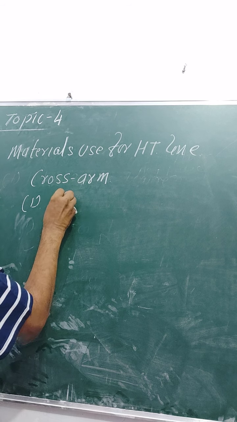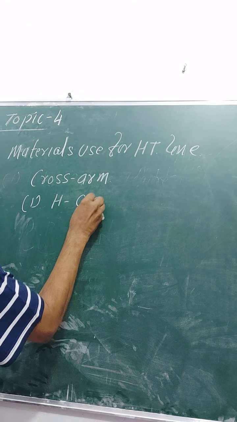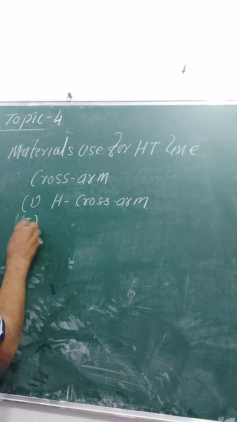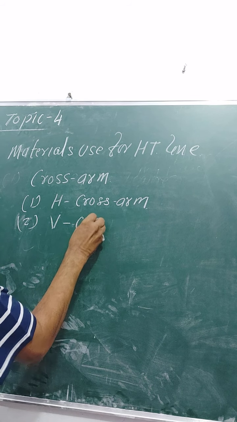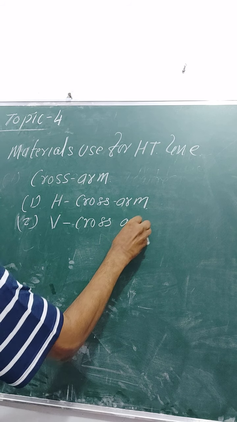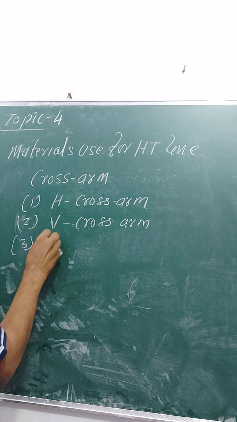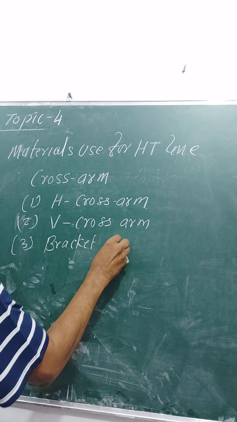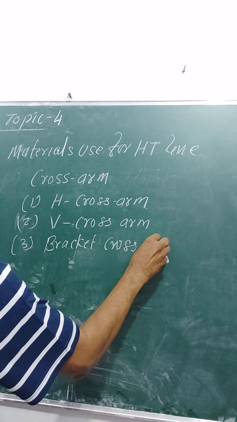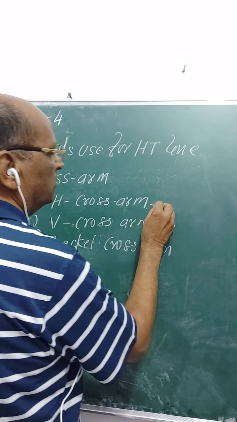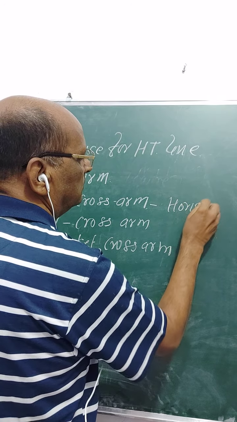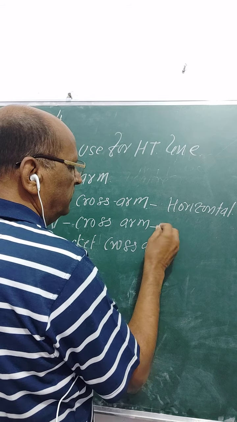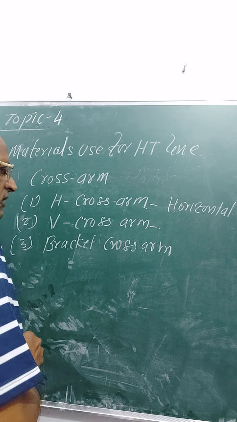One is H cross arm, second is V cross arm, and third is bracket cross arm. H cross arm is also known as horizontal cross arm. And V has a V shape, so it is V cross arm.